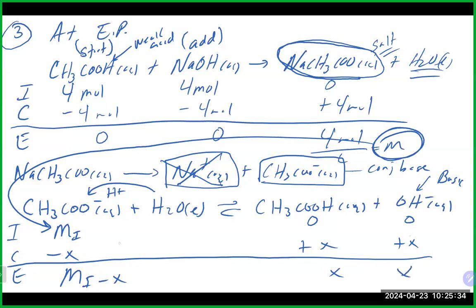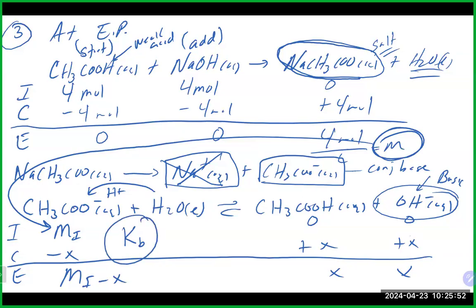This is going to go into my K expression. By the way, what K is it? A, B, C, D? Now I know my ABCs. It should be a B because that's an OH right there. That's an OH minus. So it should be a Kb.